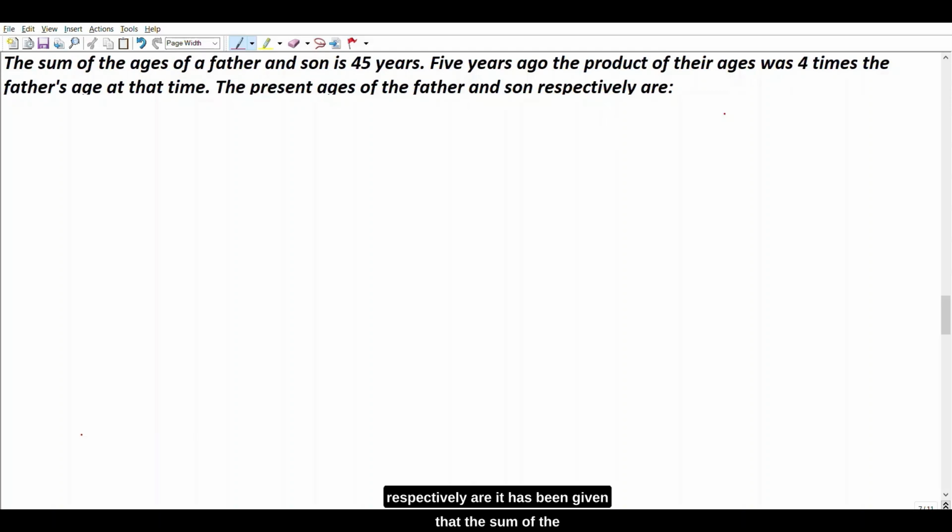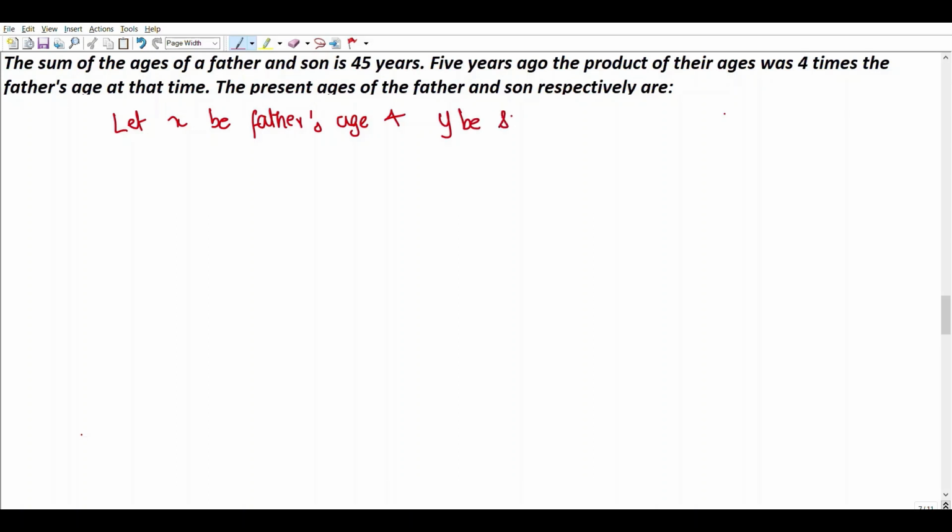It has been given that the sum of the ages of the father and son is 45 years. So let x be father's age and y be son's age.